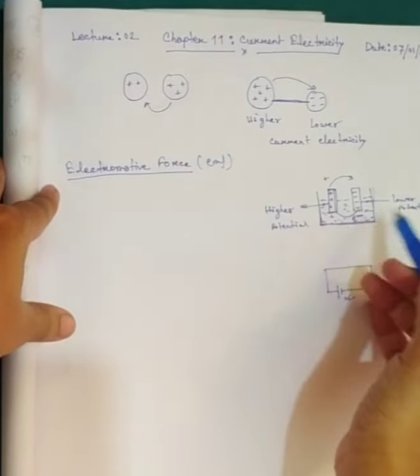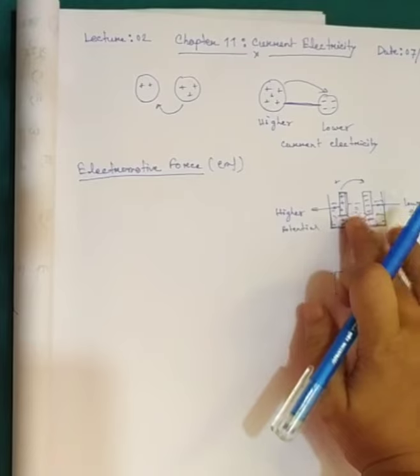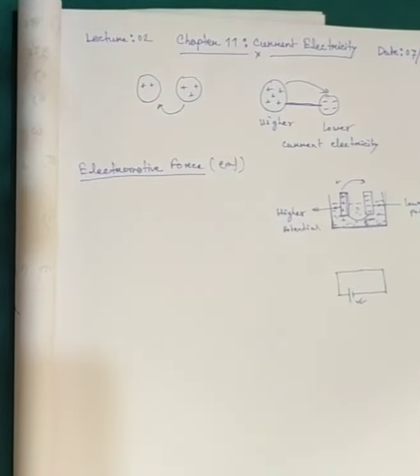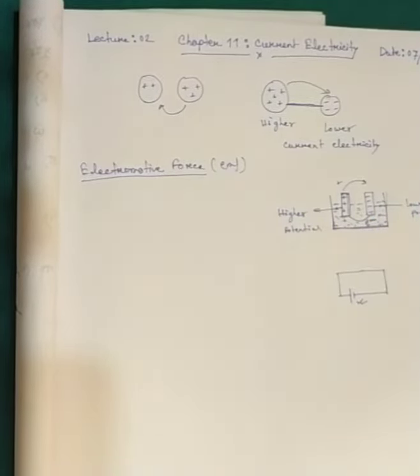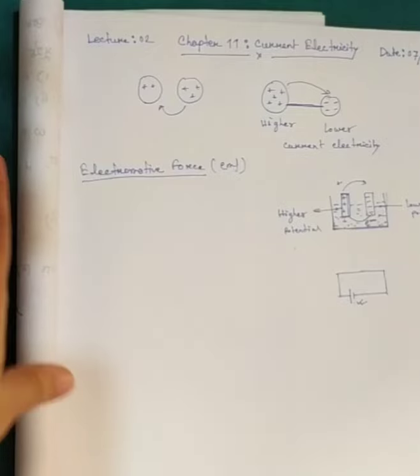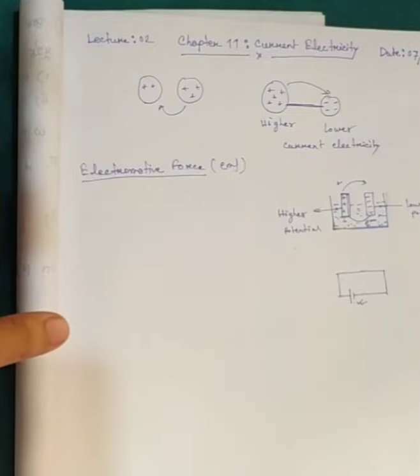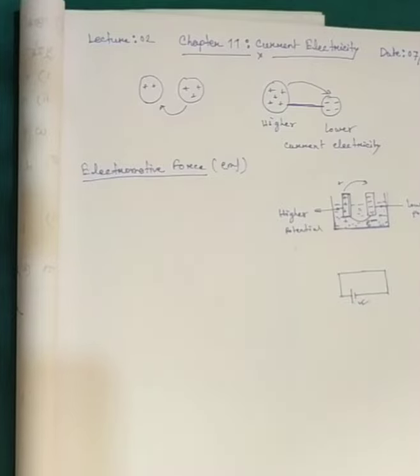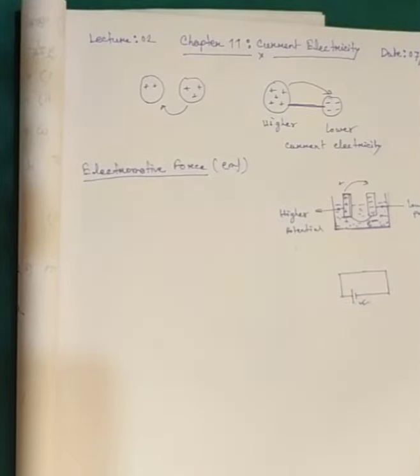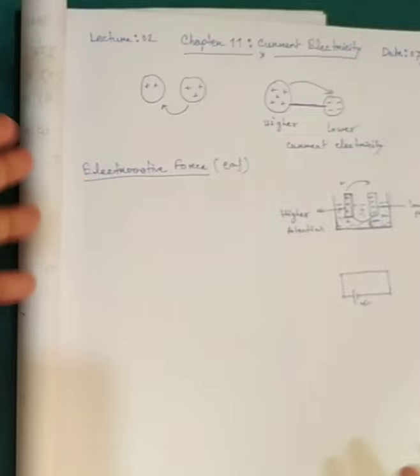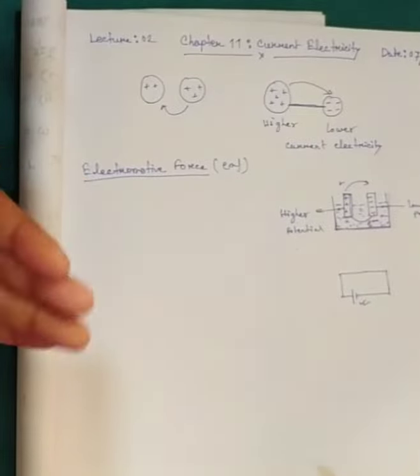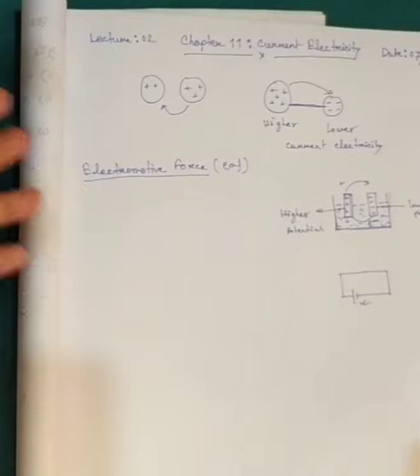In that case, the potentials of the two ends, anode and cathode, become equal, and the battery can't provide any potential difference, which means it has no ability to make a continuous flow of current. So I think you have understood the concept of potential difference, and why potential difference is necessary in maintaining continuous electric flow.